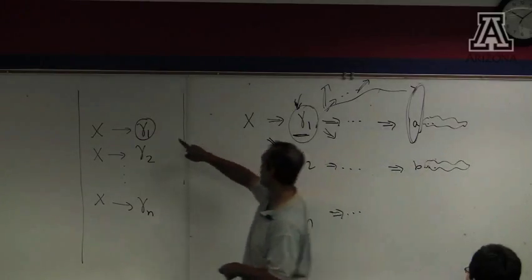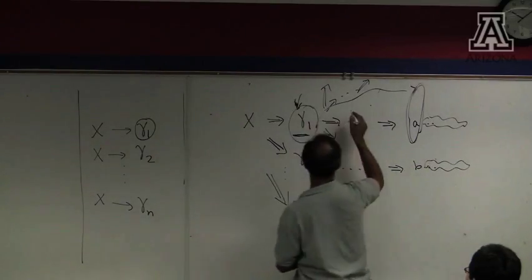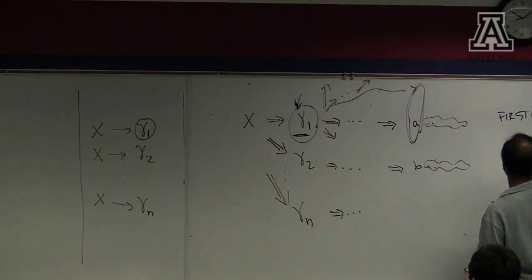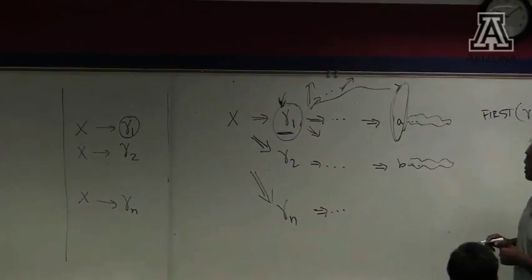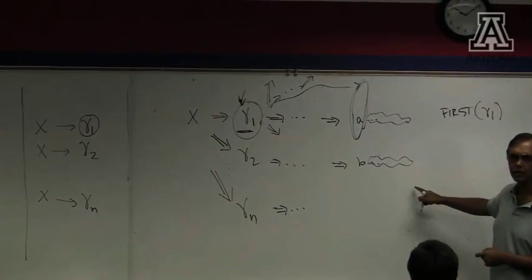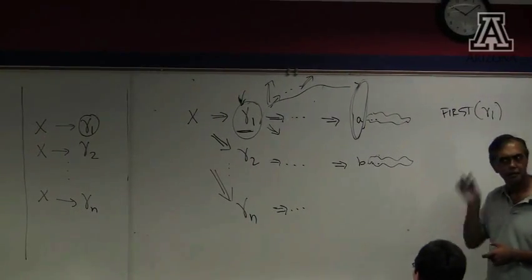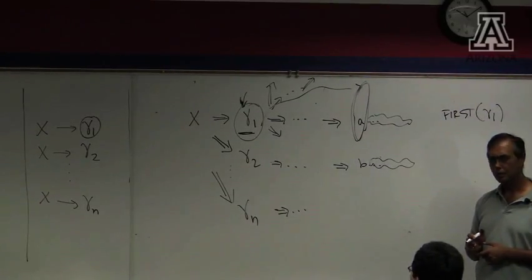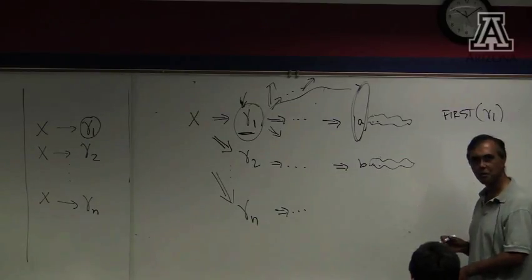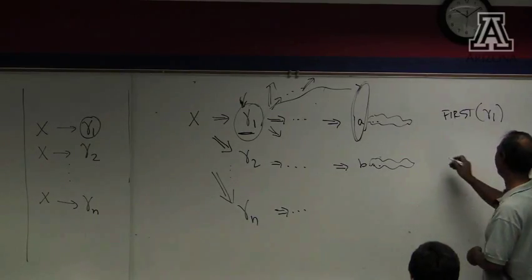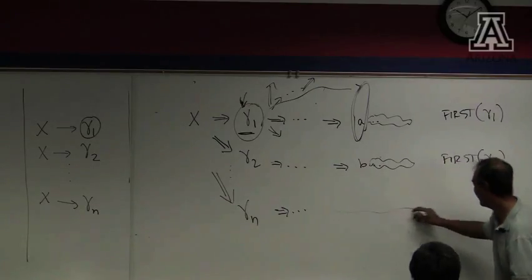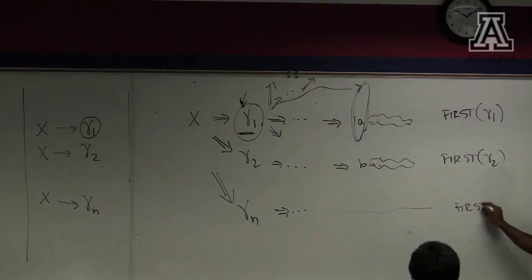So if I went this way, what I would get would be... what about this way? No, it's not. First of gamma 2, thank you. Keep you on your toes, Will. What about this one? N. Okay.